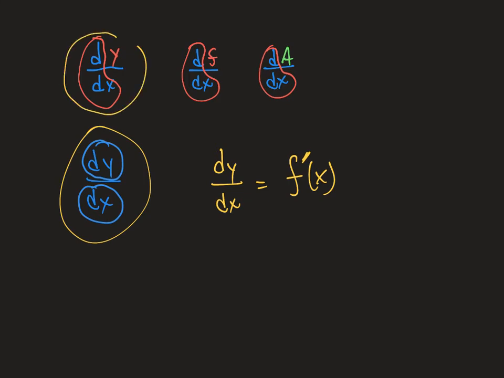So this dy over dx was the derivative, and so is this new dy over dx. The difference is that I can do operations with these little pieces. Specifically, I can solve for dy. So if you multiply both sides of this by dx, you can cancel that dx there, and you come up with a new equation, which is dy equals f prime of x times dx.